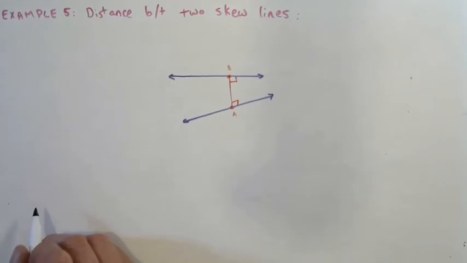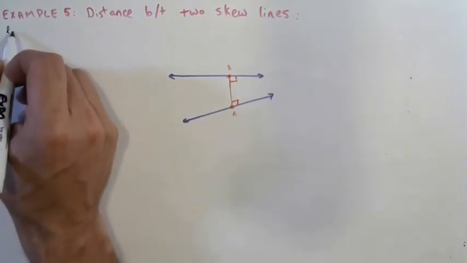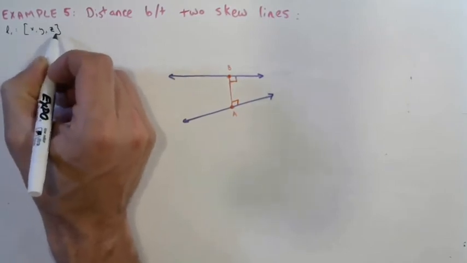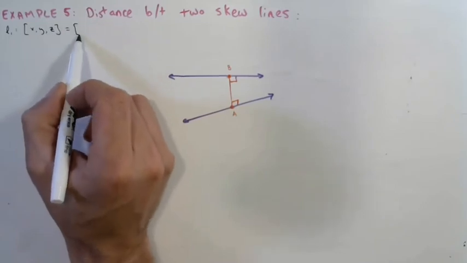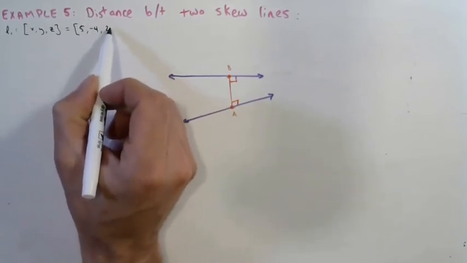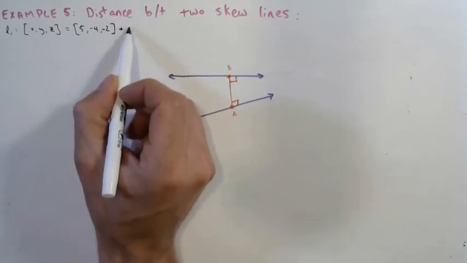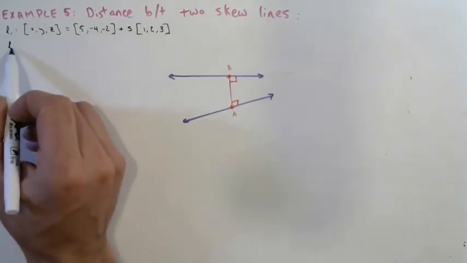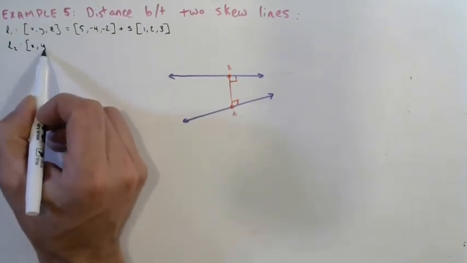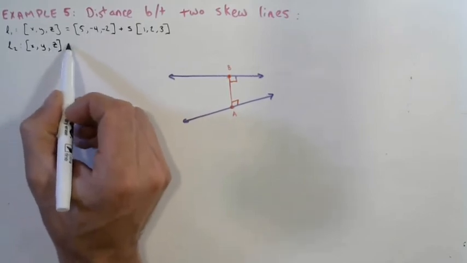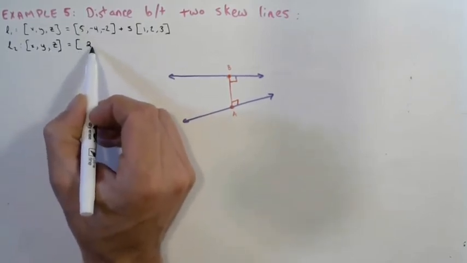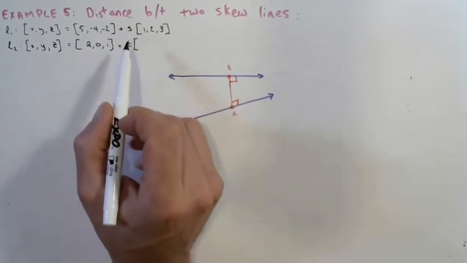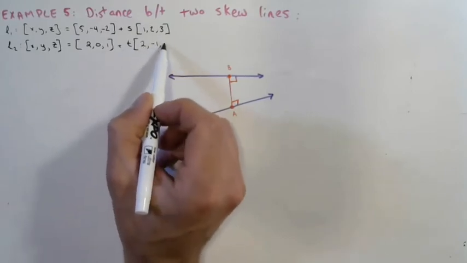So in our example, we're given these two lines. We're given L1, which is x, y, z equal to 5, -4, -2 plus s times 1, 2, 3. And equation 2 is x, y, z equal to 2, 0, 1 plus t times 2, -1, 1.